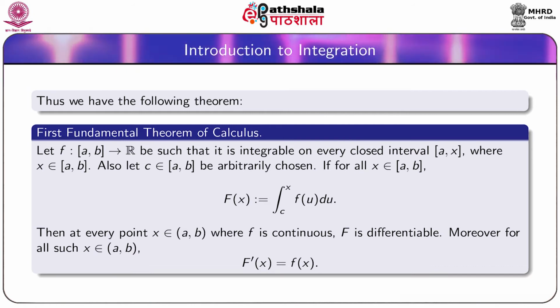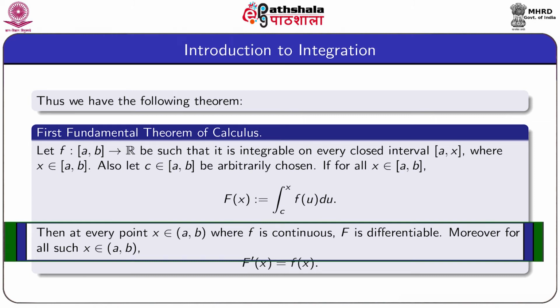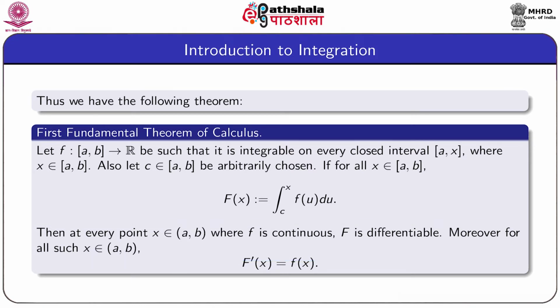Now, if for all x in the bounded closed interval AB, capital F(x) is defined by integral c to x f(u) du, then at every point x from the open interval AB where f is continuous, capital F is differentiable. Moreover, for every such x from the open interval AB, capital F dash x equals f(x).